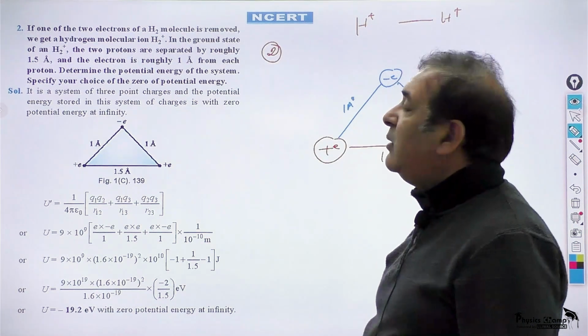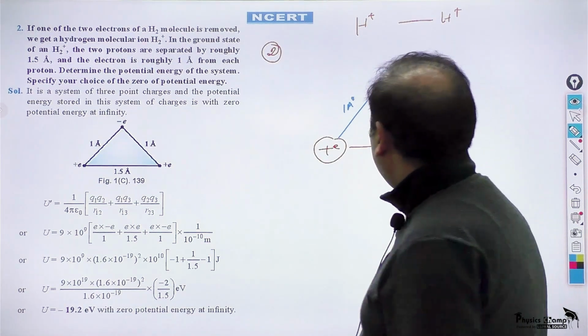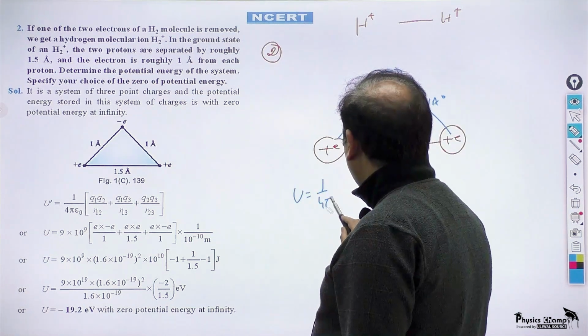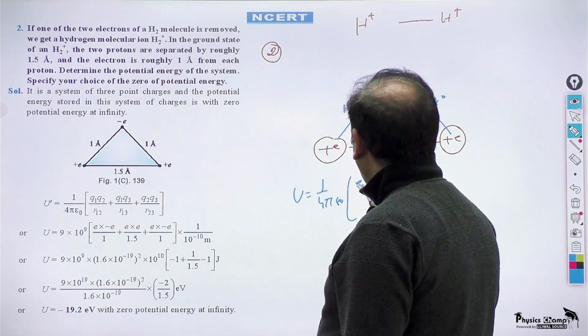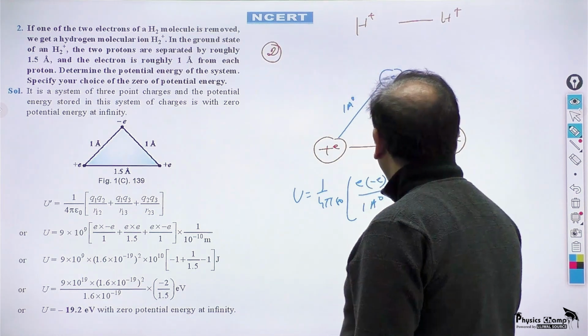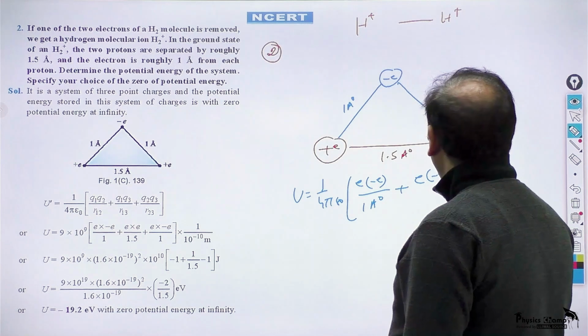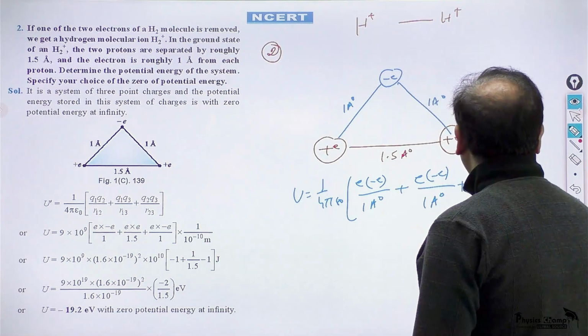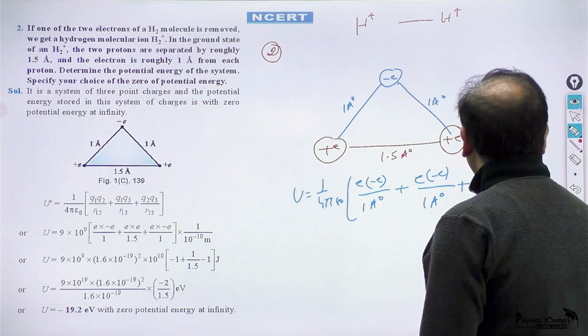Determine the potential energy of the system. So the potential energy of the system will be 1 by 4 pi epsilon naught into e into minus e by 1 angstrom plus e into minus e by 1 angstrom plus e into e by 1.5 angstrom.